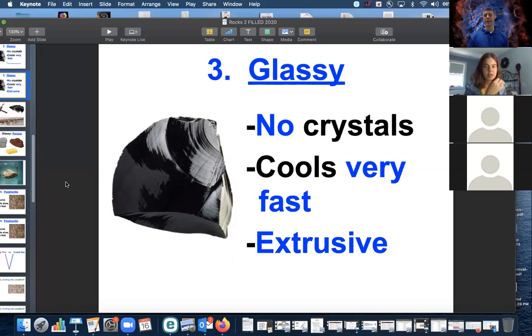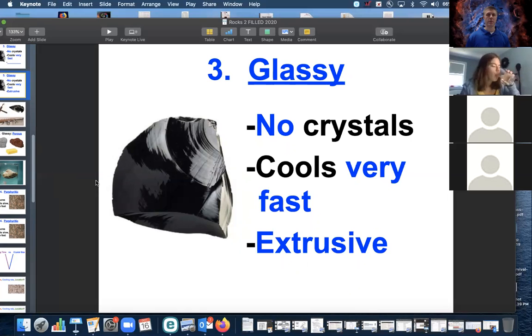For the fine grain, that could be more like taking the pizza out of the oven and setting it on the counter. It's going to cool down a lot faster than if you left it in there. And then for the glassy, that would be like taking the pizza out of the oven and putting it right back in the freezer. It's going to cool down even faster. I'm guessing it probably wouldn't do much for the taste, but it would certainly cool it down more quickly.